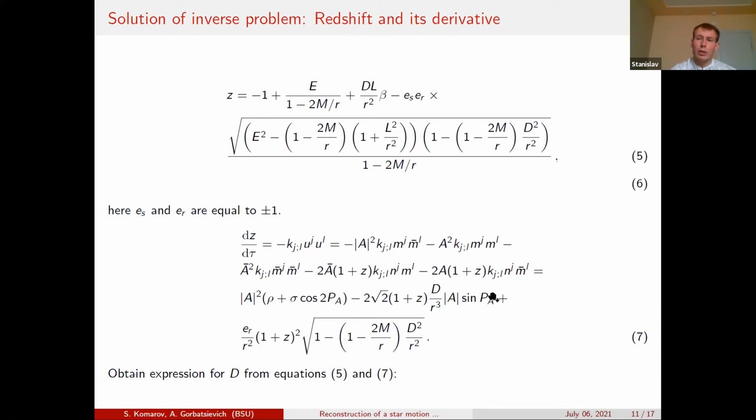It is known from numerical calculations that sigma is much less than rho, and due to this we can neglect this parameter. Physically this means that we neglect the influence of the external gravitational field on the shape of the image.